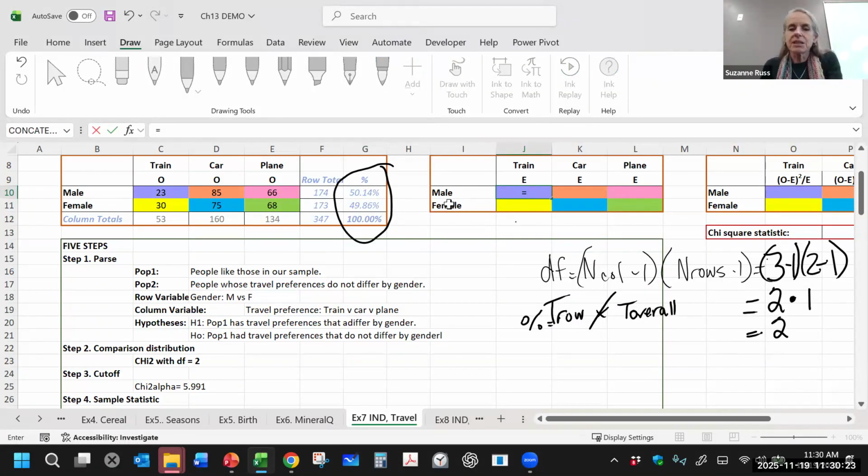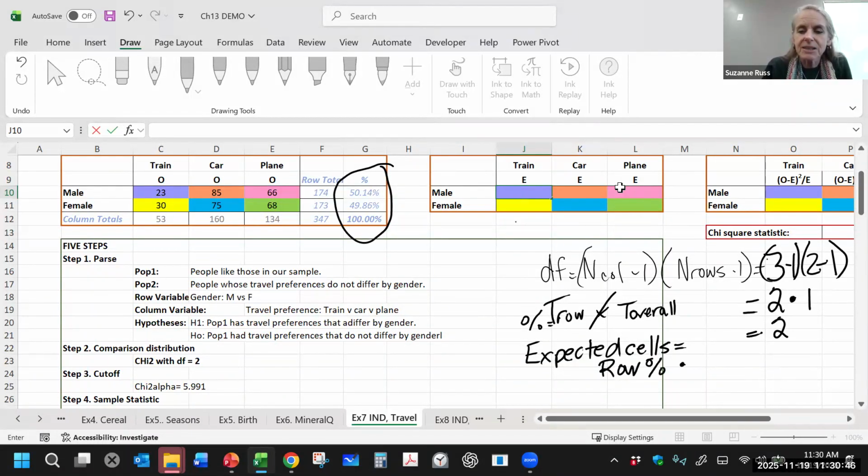But all we're doing here now in our E column, so our expected, I'll write the whole thing out, our expected cells are going to equal our row percents.